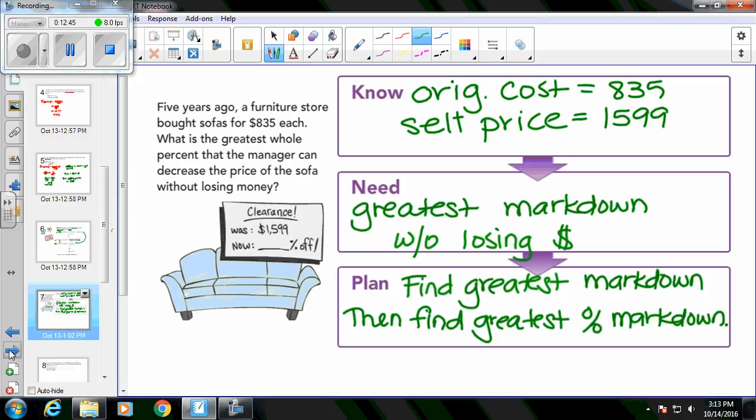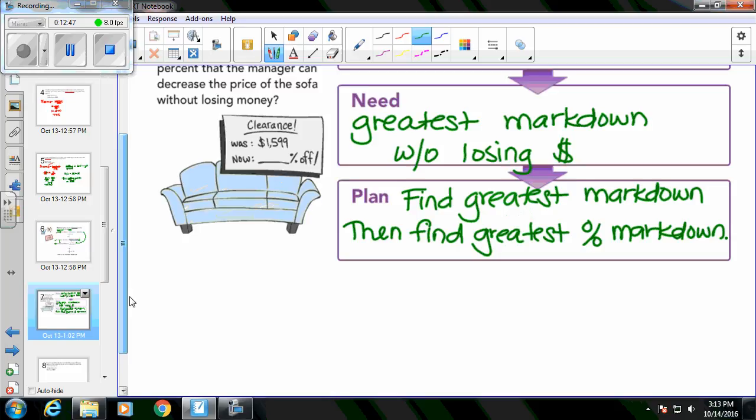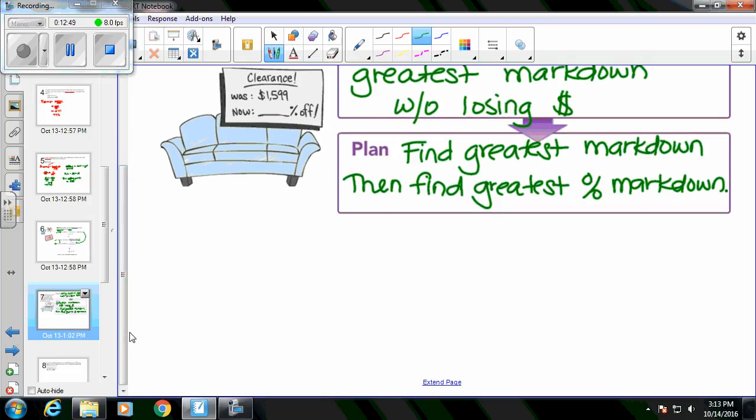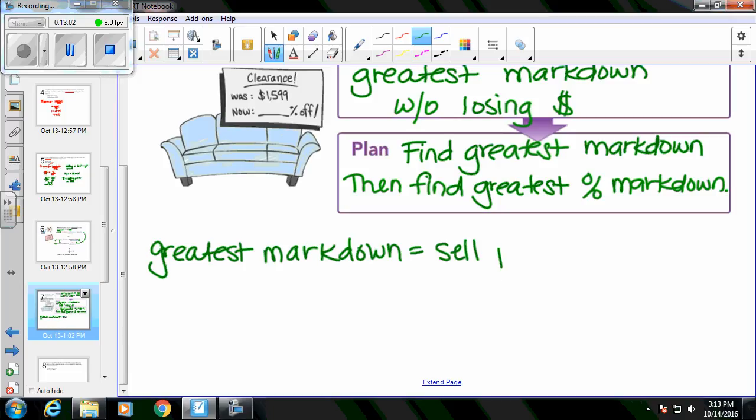Okay, so let's find the greatest markdown first. Remember, the markdown is the selling price minus the cost.